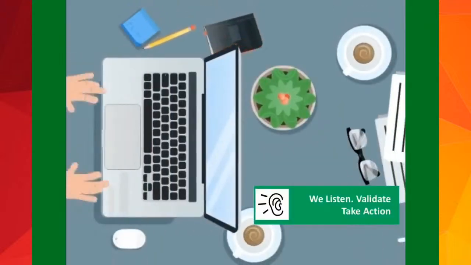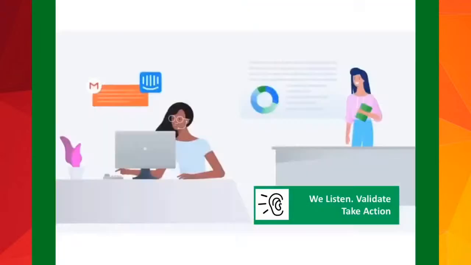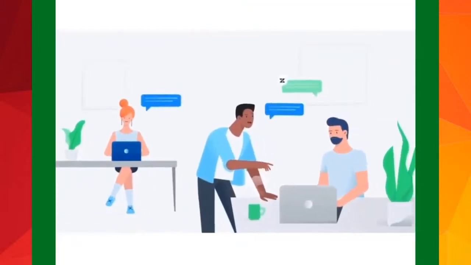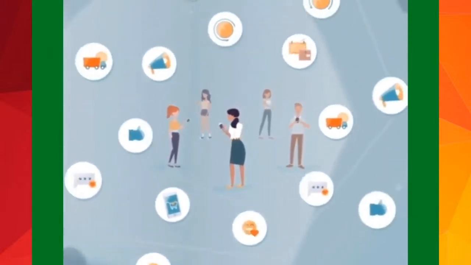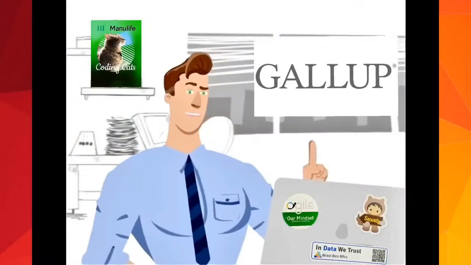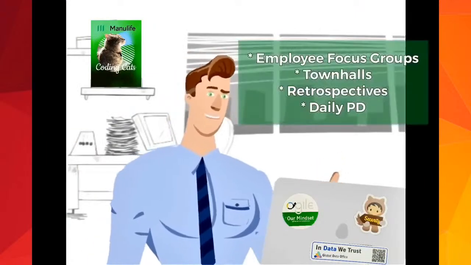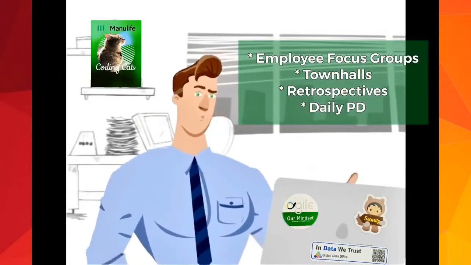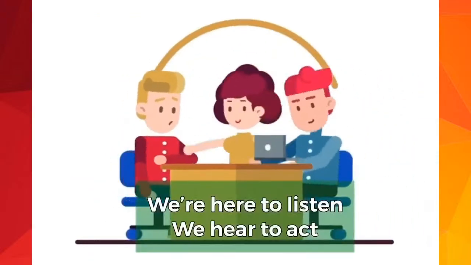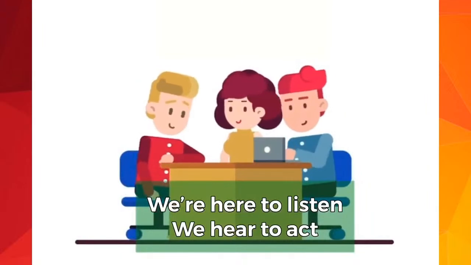Management accountability means that company leaders will listen, confirm, and action feedback at both an individual team and MIT-DC wide level. Through Gallup, employee focus groups, town halls, retrospectives, and the daily performance dialogue. We're here to listen. We're here to act.